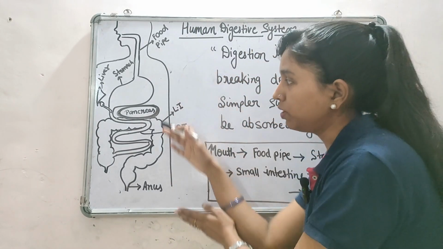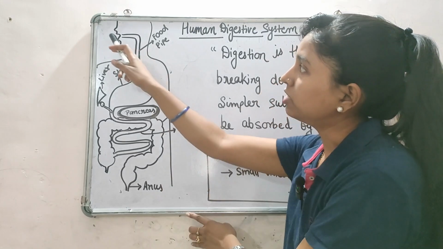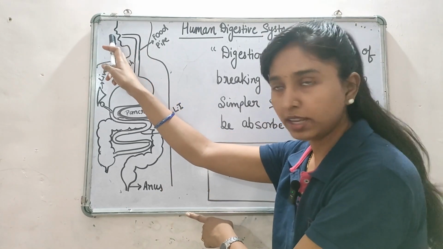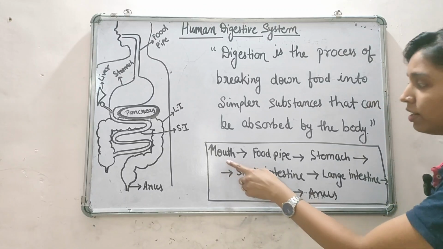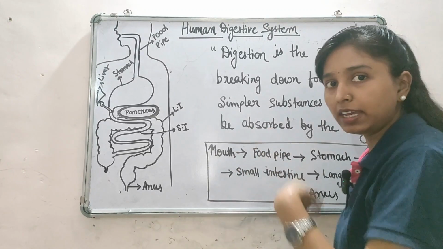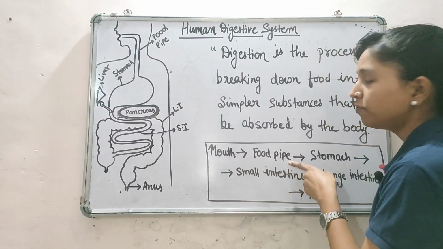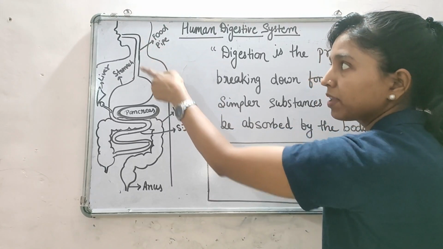If you look at this diagram, digestion starts from the mouth. This is the mouth. After that, the food which we take in comes to the food pipe.